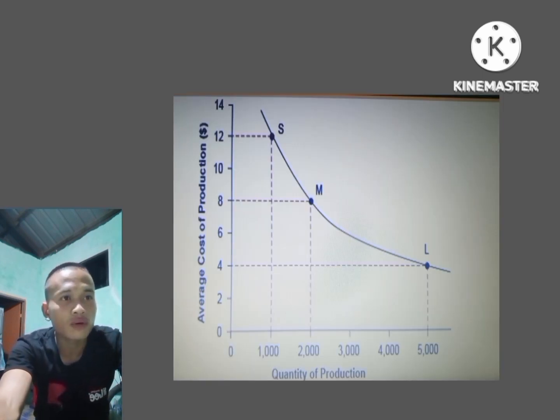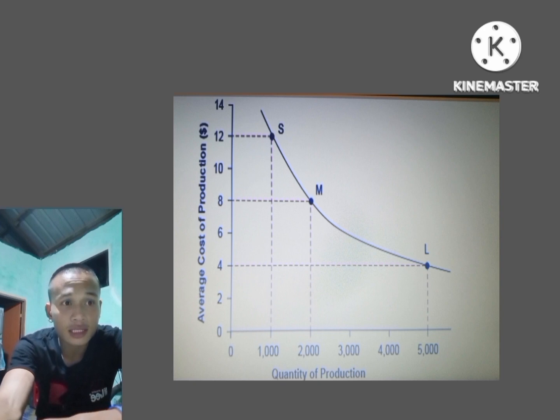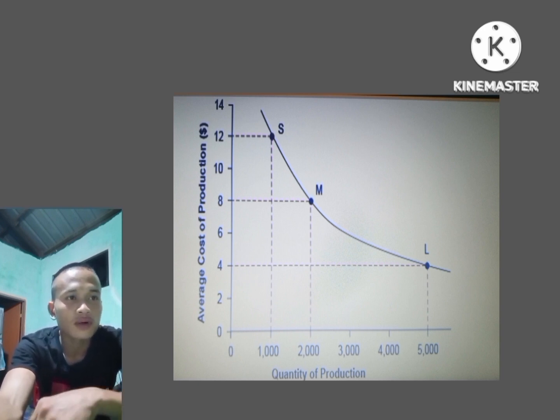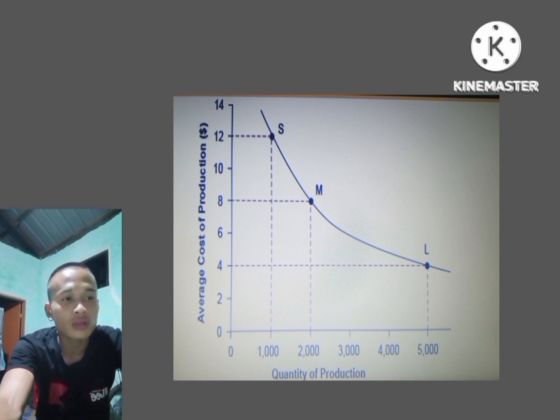So this is a graph of economies of scale. As I said earlier, the graph shows the average cost of production in dollars and the quantity of production. $12 is small, at 1,000.